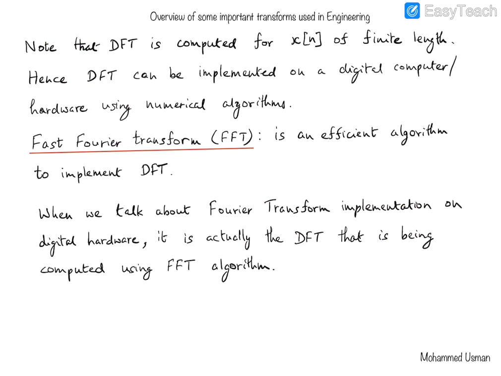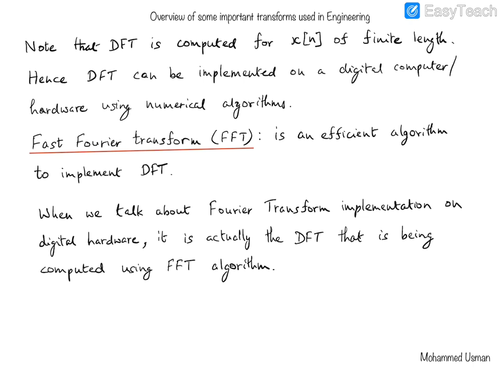So finally, what we notice is that the DFT is computed for input sequences x[n] which are of finite length. So that means the DFT, as an algorithm or as a transform, can be implemented on a digital machine or digital hardware using some algorithms.